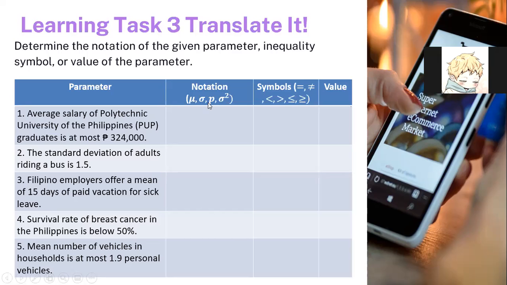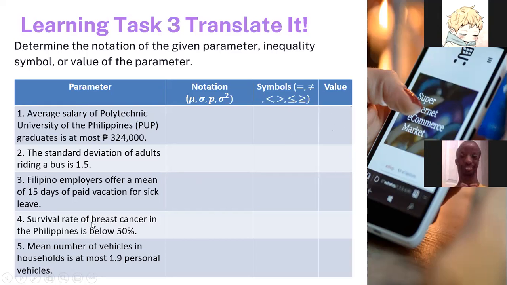Halimbawa, ang given dito sa parameter natin ay standard deviation. So you need to use the symbol sigma. If it is greater than or less than or equal to, ito po yung ating maging symbol dyan. And then kung ano yung value niya base dito. So yung value po ay dito nilalagay ha. Yung notation base dun sa given, sa mga parameters natin, dito ilalagay. Then symbol, and then the value.